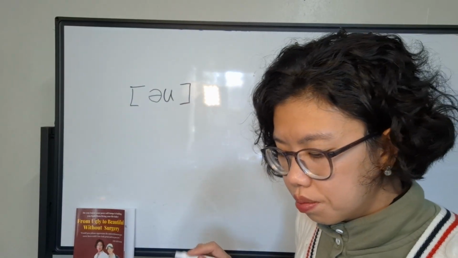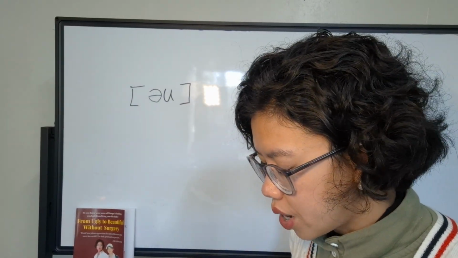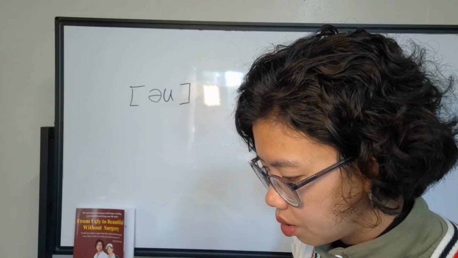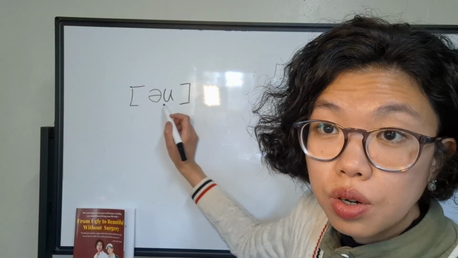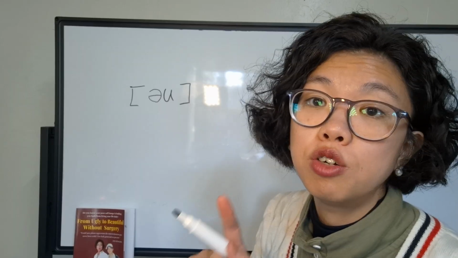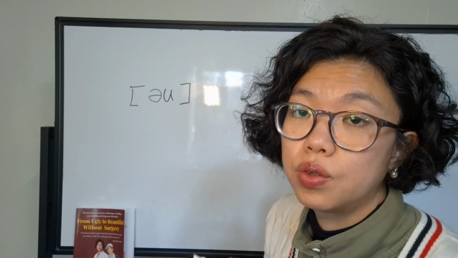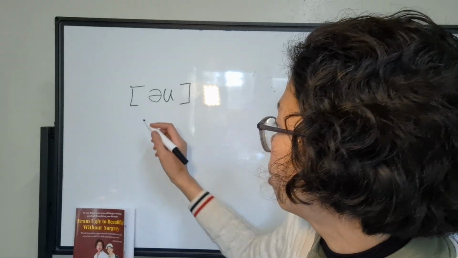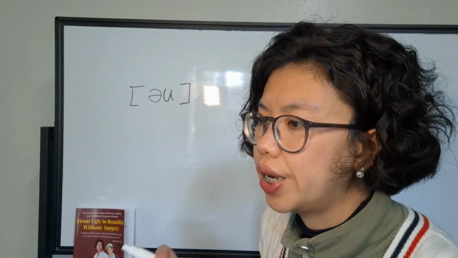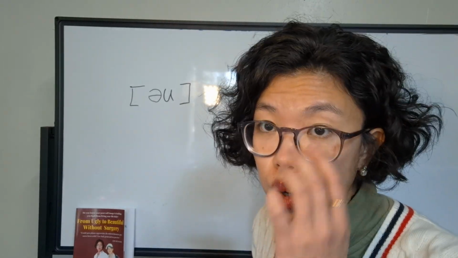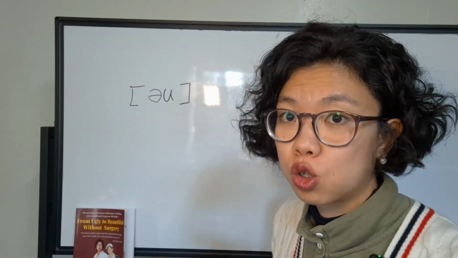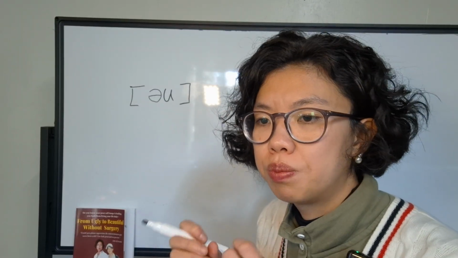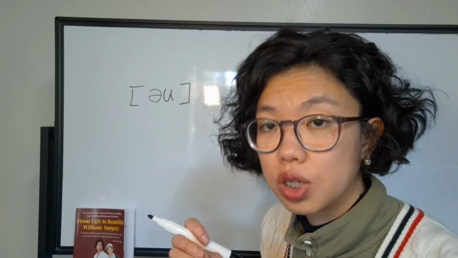Okay, so let's practice. I'll give you a word so that you will know what I am talking about. You can see I try to speak slowly, because when I speak slowly, I try to pronounce each word correctly.